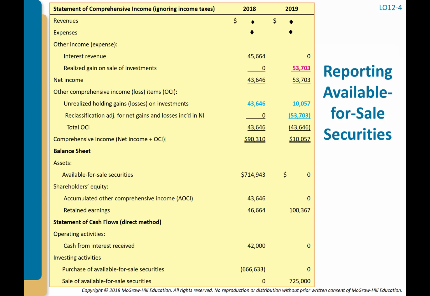We then would have debited income summary for what? 45,664. I know they're showing a different number for net income. That's because they messed up. I'm just picking up this number right here, right? We would have gone ahead and debited income summary for 45,644, and we would have credited retained earnings for our interest revenue, right? That's regular income, that's net income.